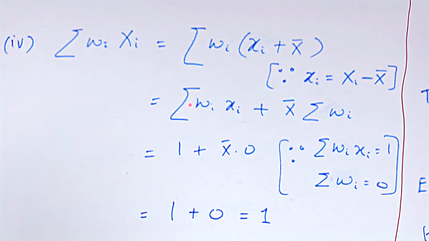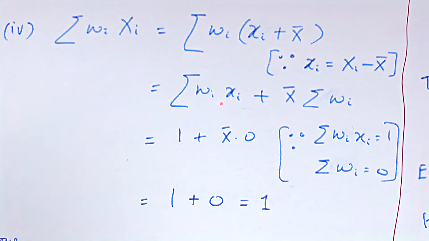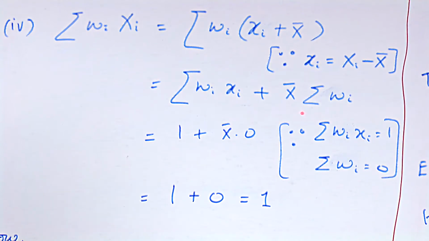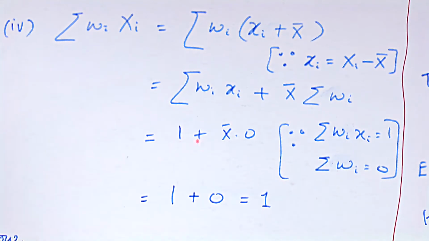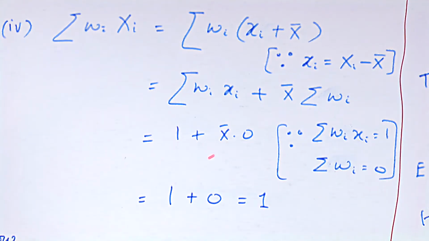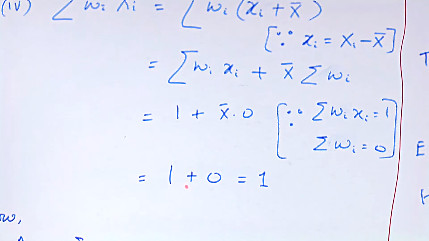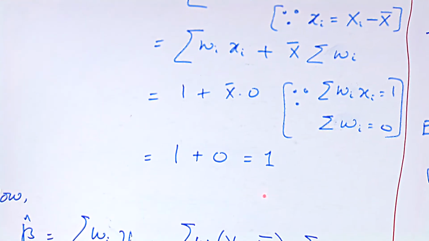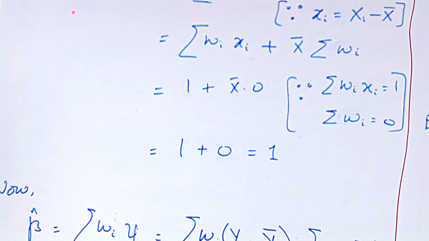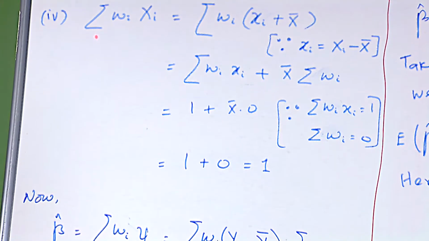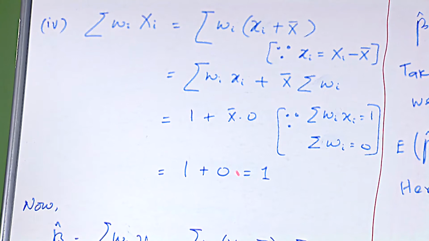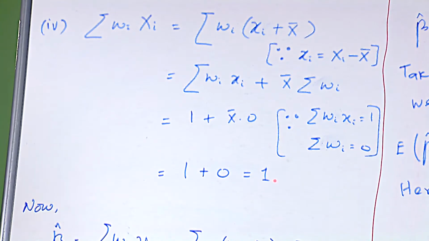So here sigma wi xi is equal to 1 and sigma wi is 0, and so substituting these values we get 1 plus x bar into 0, that is 1 plus 0, which is equal to 1. So we get the value sigma wi capital Xi is equal to 1, very similar to sigma wi small xi.